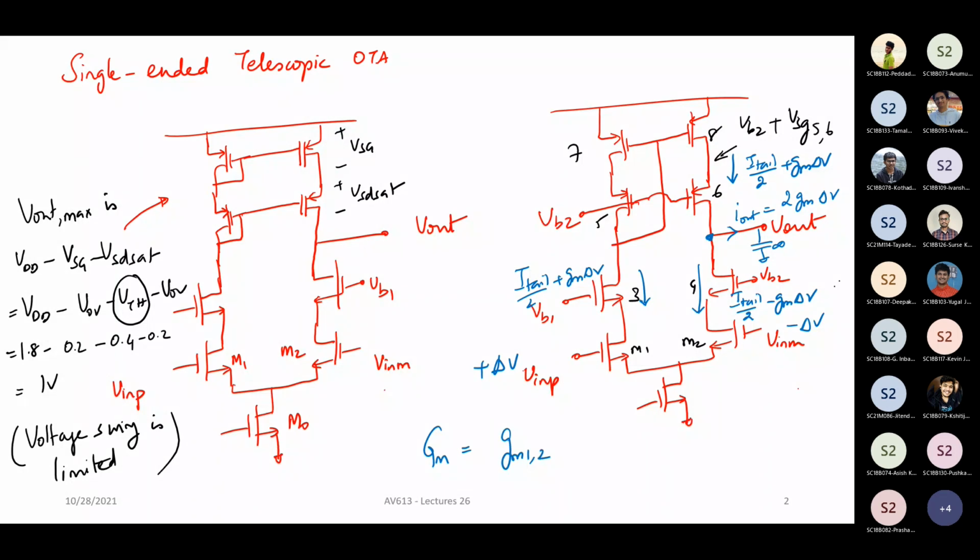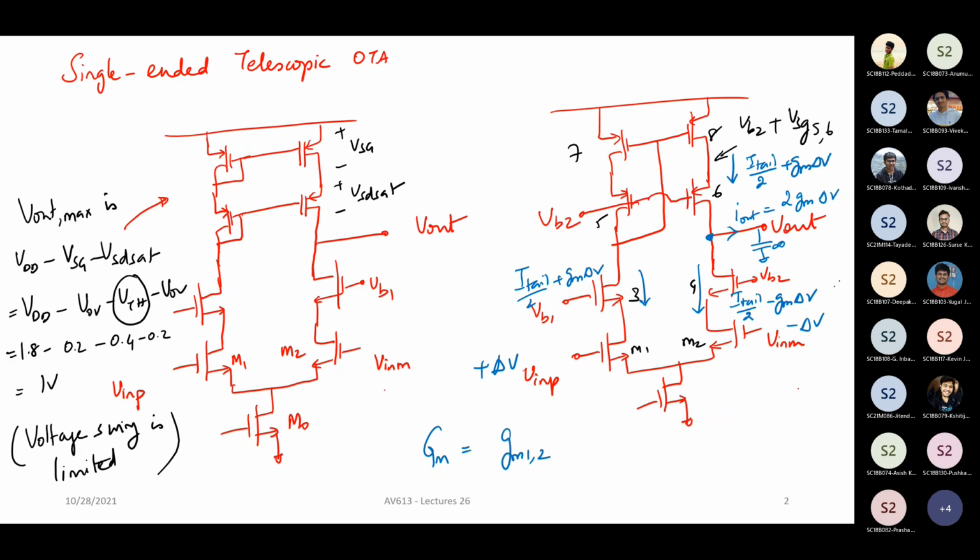Because your input differential signal is 2 times delta V. So output impedance, whatever we have seen. So the rest of the story is all the same as what we saw yesterday. The input common mode range, the output common mode range, the output swing limits, all these things are pretty much similar.